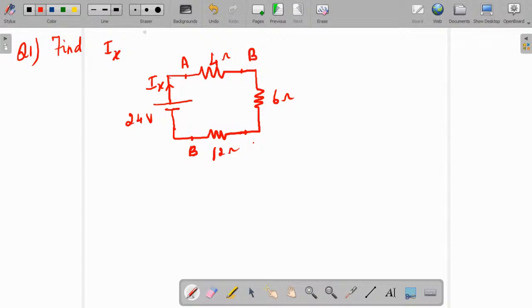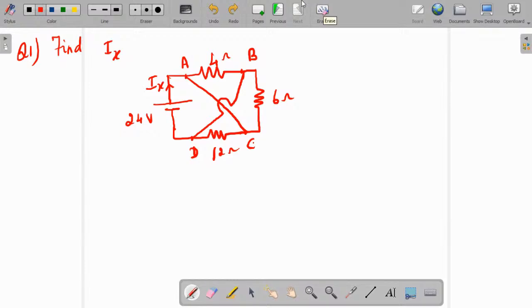This is B, this is D, and this is C. So A to C is short, and B and D are connected like this. There is no link between them, so I have given a jump over. Okay, so you have to find IX. I hope I have given you all the details.